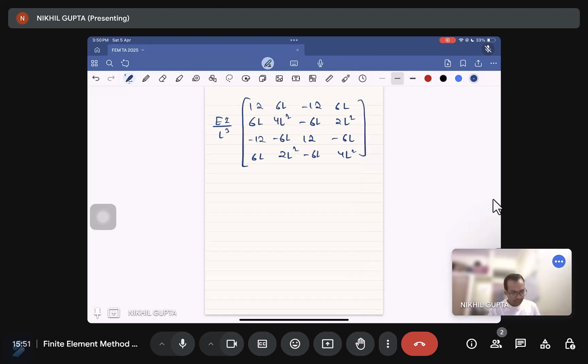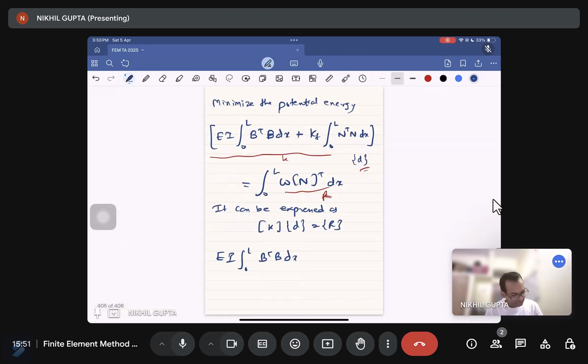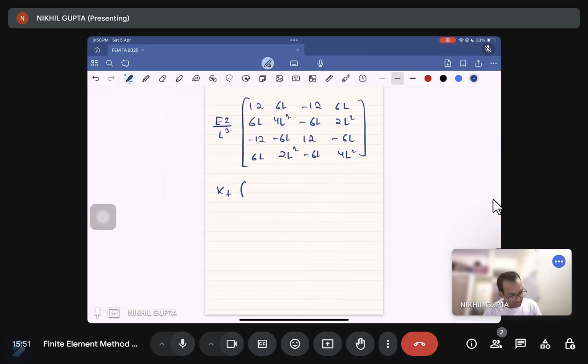Okay, another thing is KF integral of N transpose N dx. So we'll solve the N transpose N. What we'll get is 1 upon L power 6 times (2x cube minus 3x square L plus L cube) whole square dx.